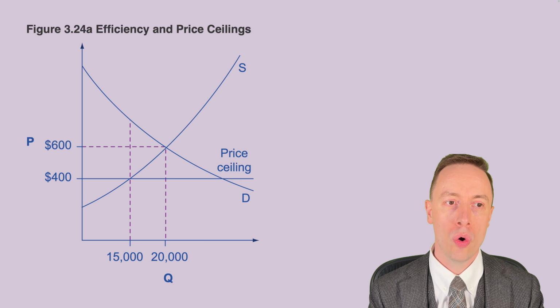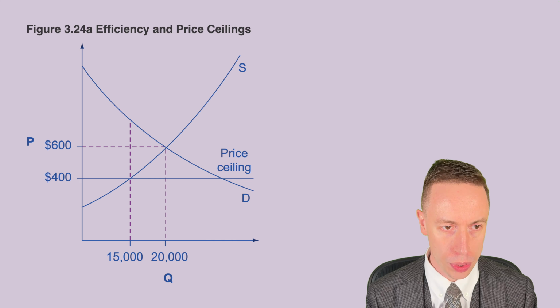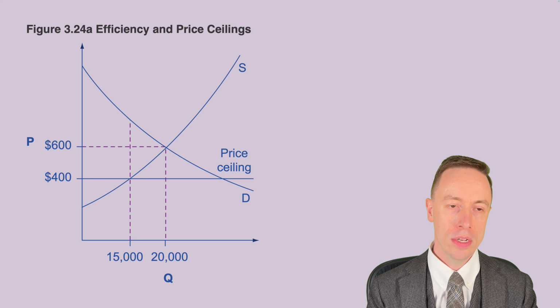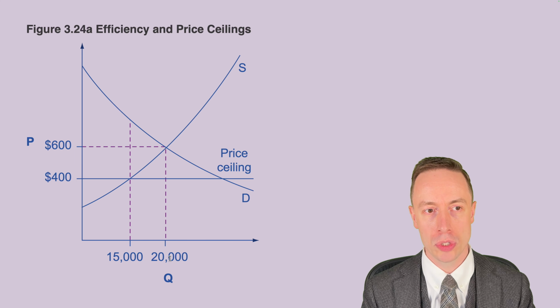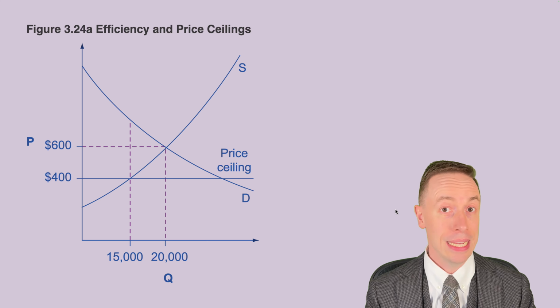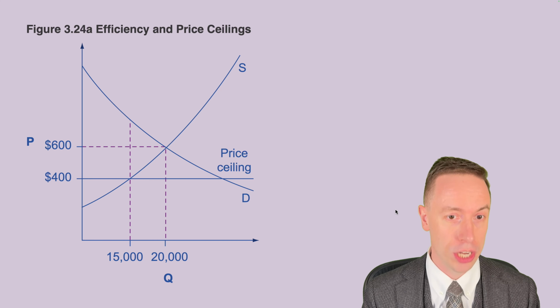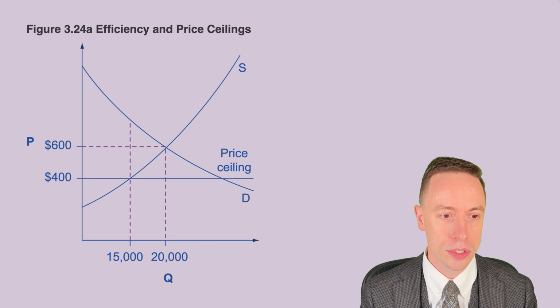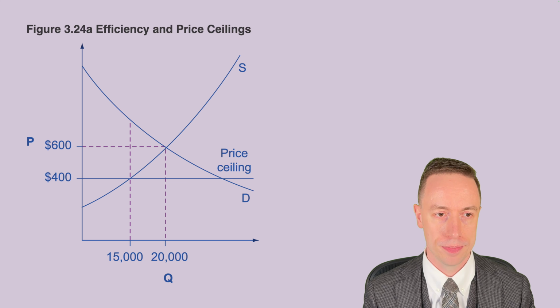Answer: whichever one is the lower one of those two numbers. So where previously sellers wanted to sell 20,000 units, now they only want to sell 15,000 units. Doesn't matter how many units buyers want to buy, that's gonna limit our sales to 15,000 units in the market.